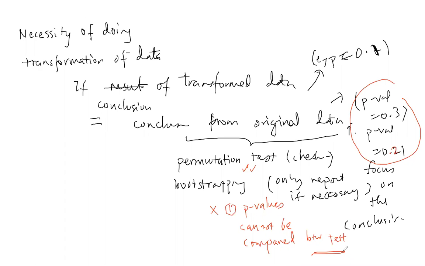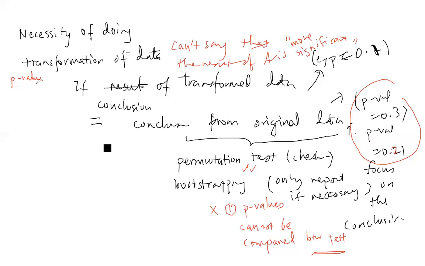All right, p-values can only be used with respect to that particular test itself. And if you have several different tests, and they have different p-values, you can't say that the result of A is more significant. This is actually a very common mistake at the undergrad level.